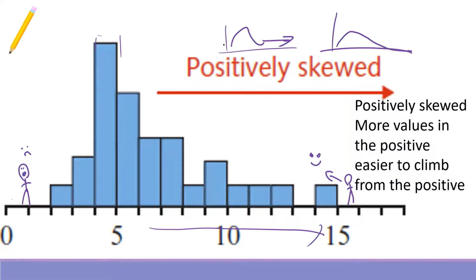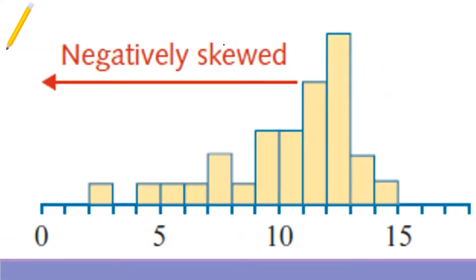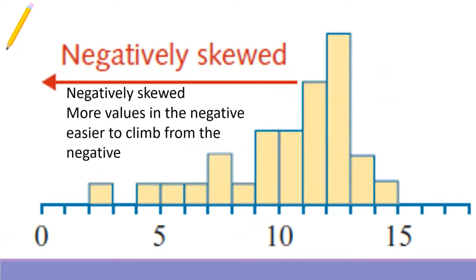Now, of course, you can probably predict what's going to happen. If there is positively skewed data, then there's probably going to be negatively skewed data. And there is. Negatively skewed data is the opposite. In negatively skewed data, there are more values in the negative, which means it's easier to climb in the negative compared to the positive, because of course the positive is going to be harder to go up.